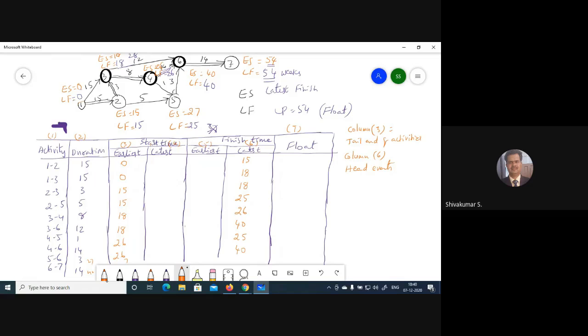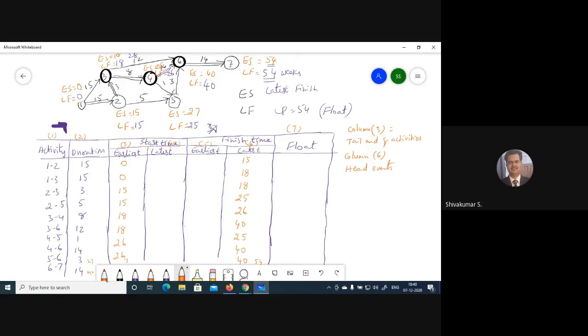Next, 5 to 6 is 40. Next, 6 to 7. The last value is 54. I don't have space, so I'm writing here 24. Likewise, you are writing the head values here. Here they are the tail values, which means here you are writing the ES values, and there the LF values.